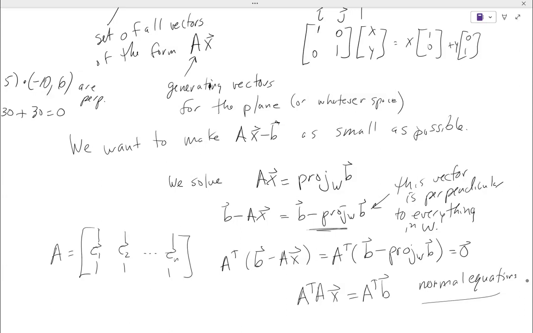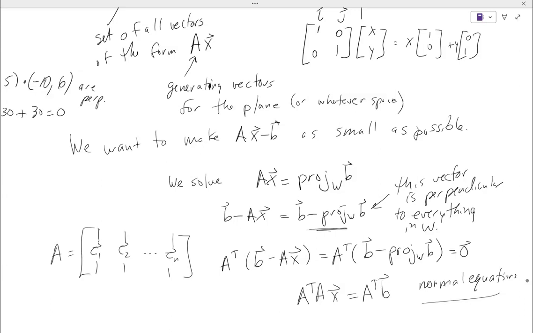All right. So let's talk about what we have to do here. A is some matrix. A transpose has dimensions that are flipped. When I multiply these two things together, I get a square matrix, remembering how matrix multiplication works.